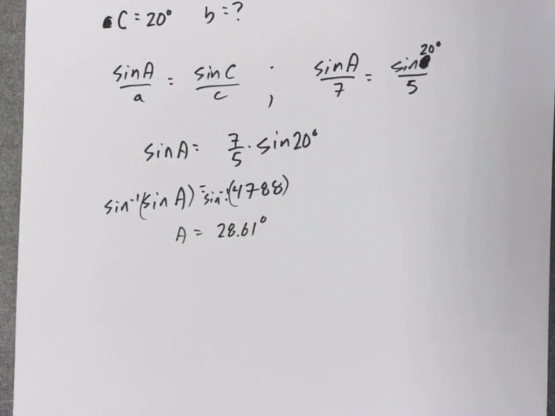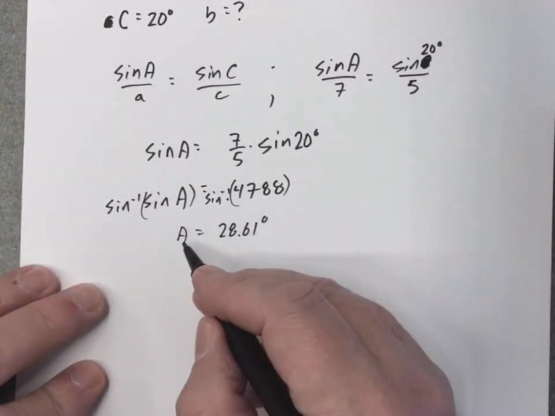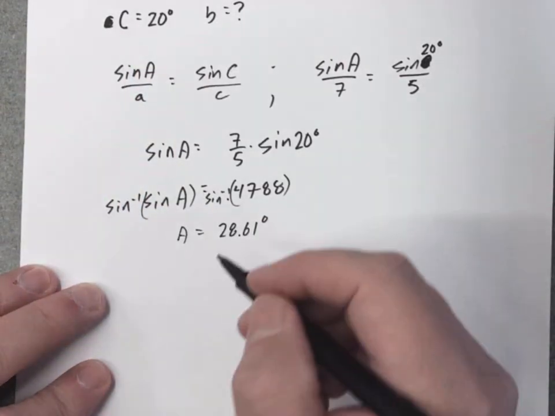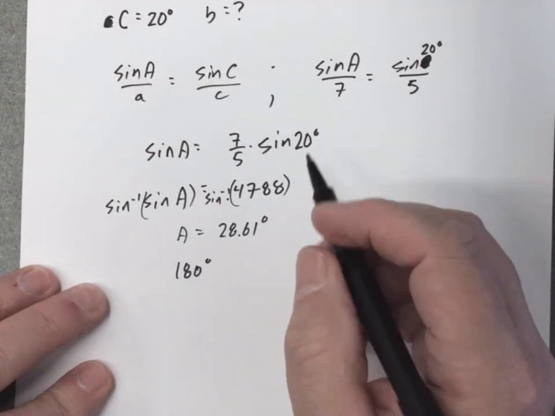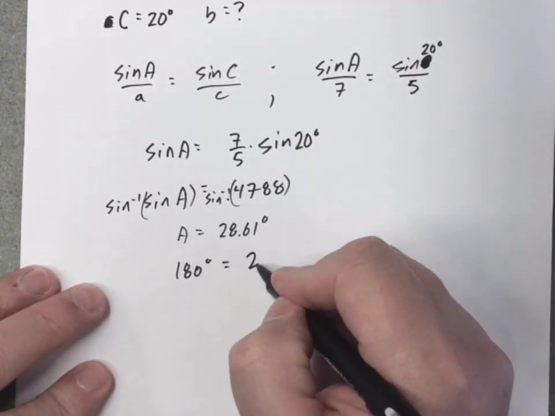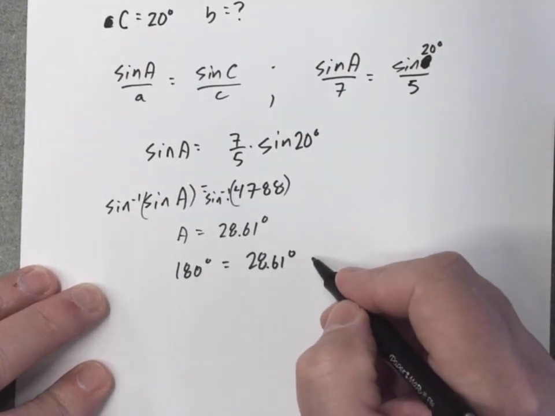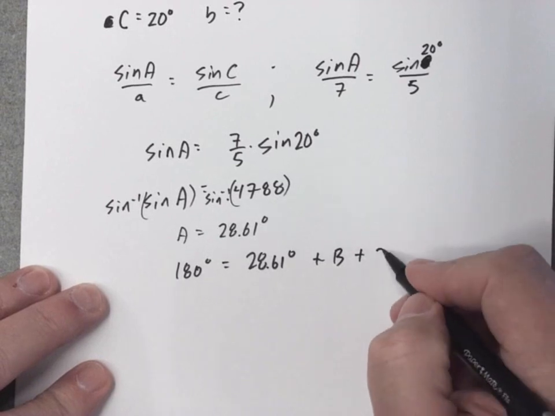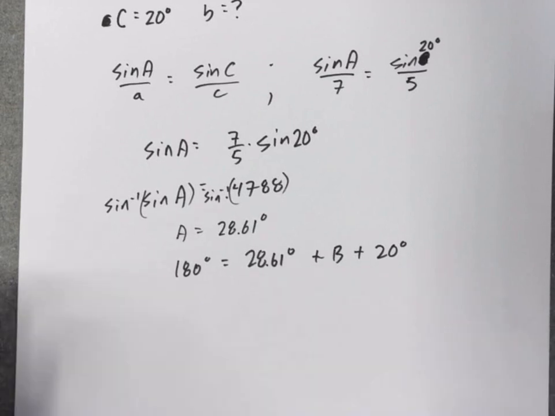So now we're on our way to figuring out the first triangle. Since I know angle A and I know angle C, I can figure out angle B. So A is 28.61. I don't know angle B, but I know angle C is 20. So it's like 48.61.